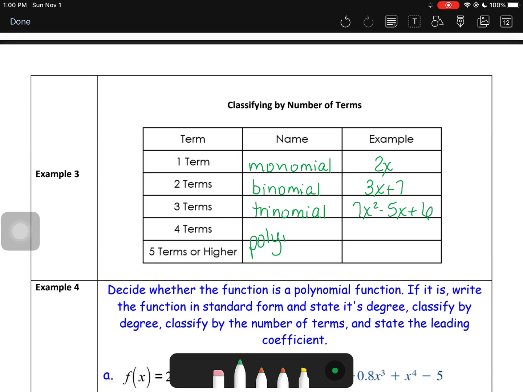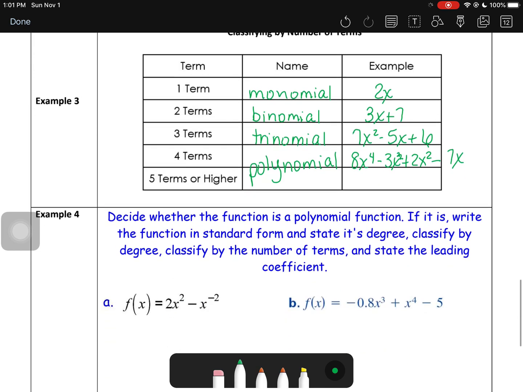We'll call it a polynomial, which means many terms. So that might be something like 8x to the 4th minus 3x cubed plus 2x squared minus 7x. There are 4 terms there.